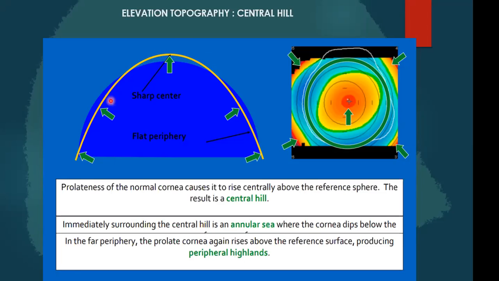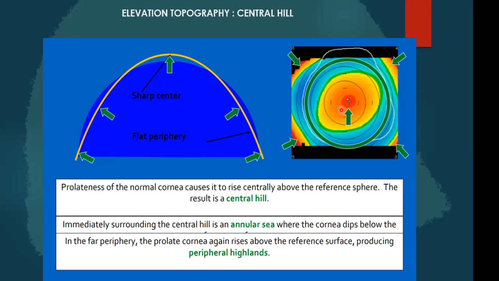Now, if you see the mid periphery, the cornea that we're imaging falls below the reference sphere. Hence, we see a peripheral shallow area or a peripheral gutter, which is known as an annular ring, and this dips below the reference surface. Again, at the extreme periphery, the prolate cornea is slightly elevated above the reference surface, and so we see these hot colors in the extreme periphery of an image.